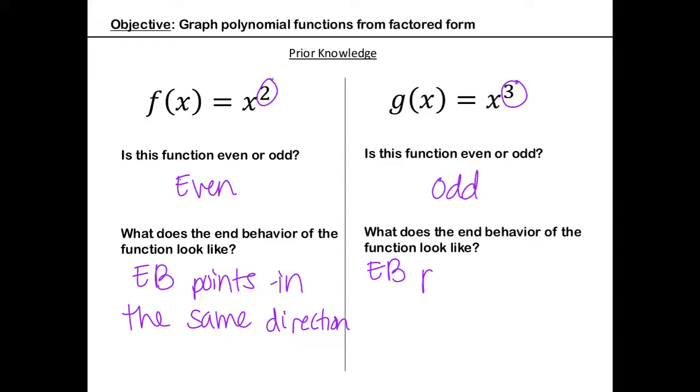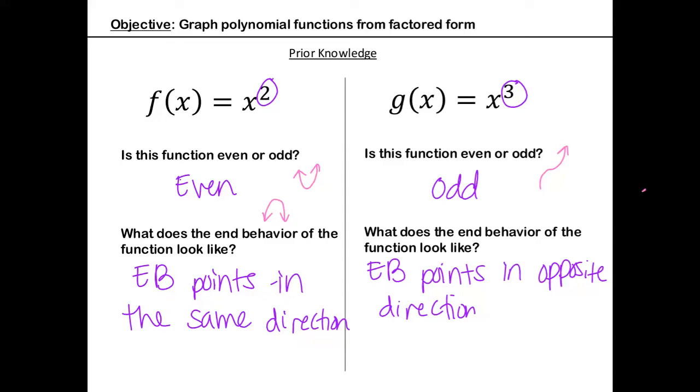So end behavior points in opposite directions. And so the even functions looked kind of like a U shape pointing upwards, or they could be pointing both downwards. That's even functions. Odd functions, one's pointing up and the other is pointing down, okay? They could also be this direction as well. So even pointing in the same direction, odd, they go in opposite directions.